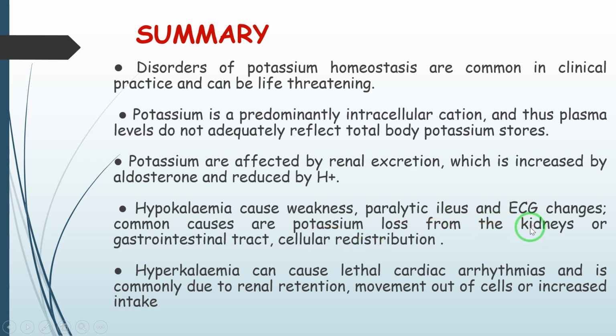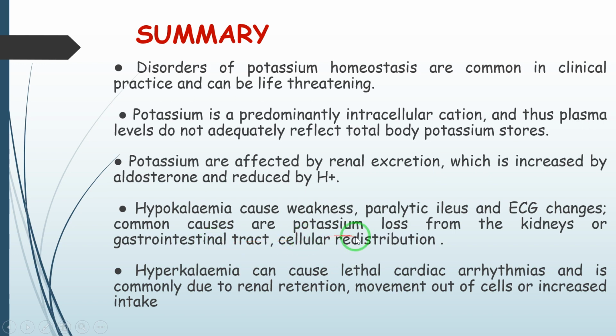The kidney, in case of certain diuretics, or there is potassium-losing nephropathy. GIT loss of potassium in case of vomiting, diarrhea, fistula, in case of malabsorption, or in case of tumor or chemotherapy or radiotherapy that affects the absorption of potassium from the intestine.